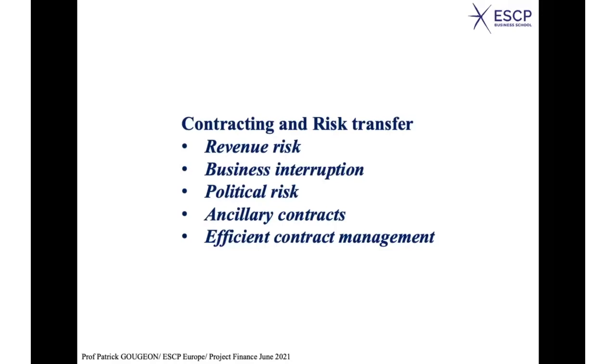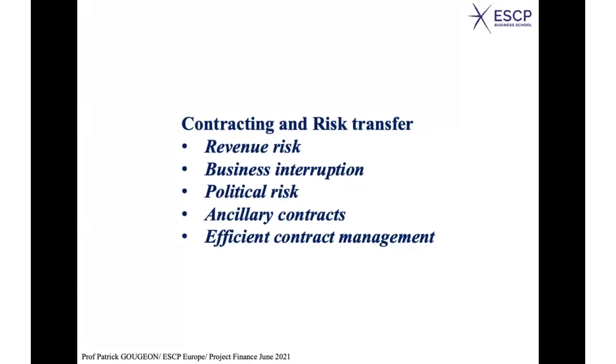Basically, we use risk transfer. You remember what I said yesterday? Project finance has to do with complex contractual schemes with a lot of participants, and the idea is to transfer this risk. In most cases, risks can be mitigated also through prevention and the like, but most of the risk will be transferred outside the project company.